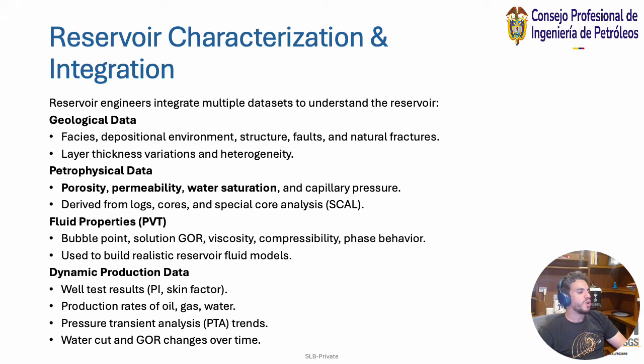And then they also have dynamic production data from the production engineer throughout the years: the pressure transient testing and analysis, the production rates of the different fluids, the well test results, and the water cut and GOR changes over time.